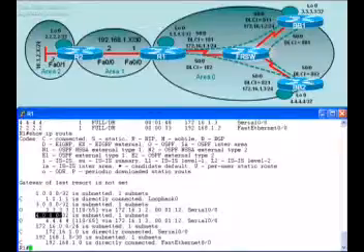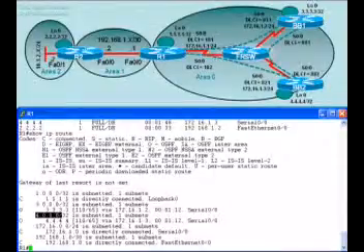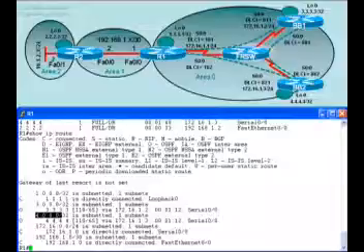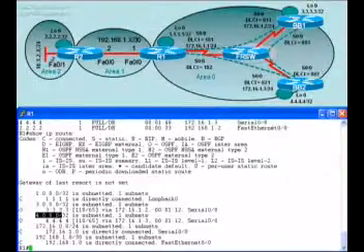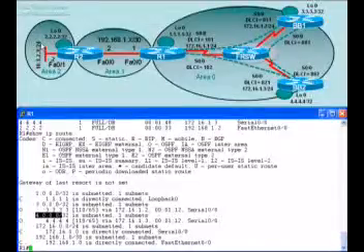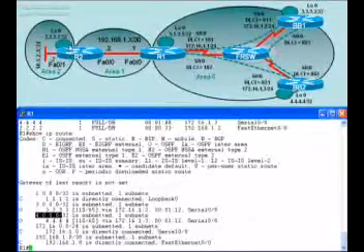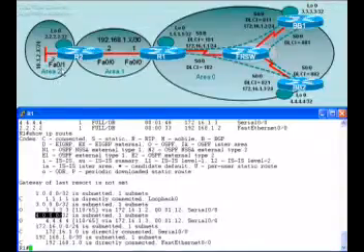However, something's still not right. If you'll notice, router R1, even though it does have knowledge of the loopback interfaces on BB1 and BB2, it still does not have any knowledge of this 10.1.2.0 network or the loopback interface of router R2. These networks, remember, live over in Area 2.